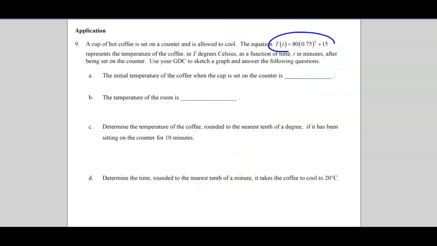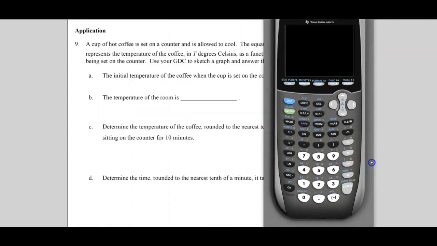So here is this particular model. So capital T is the temperature in Celsius. Lowercase t is time in minutes. It says use your graphing calculator to sketch it. So let's do that. We haven't used our calculator much.